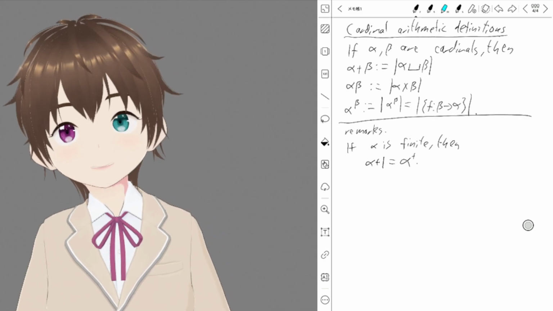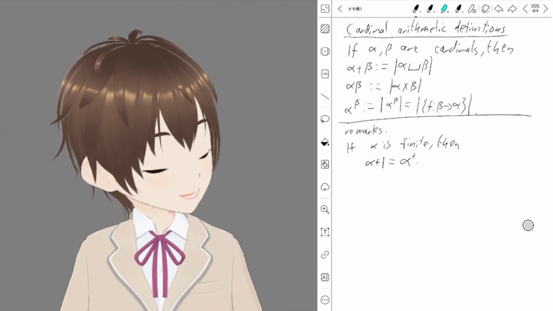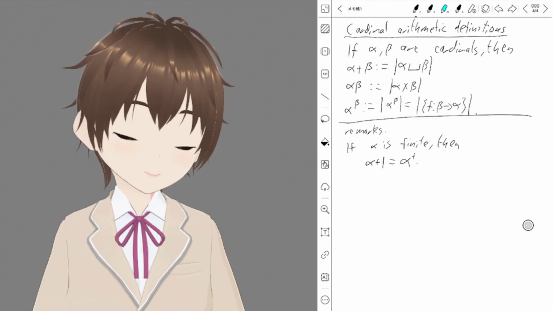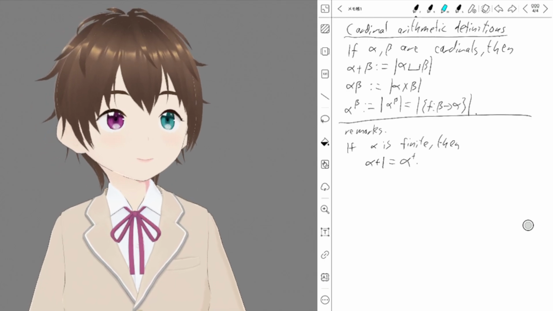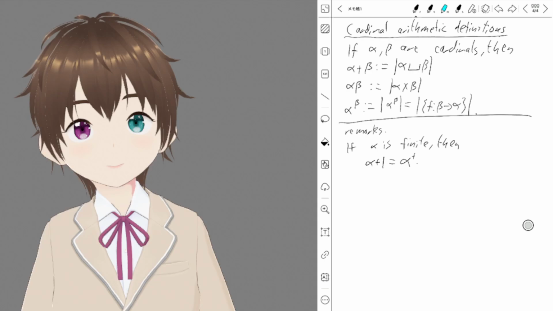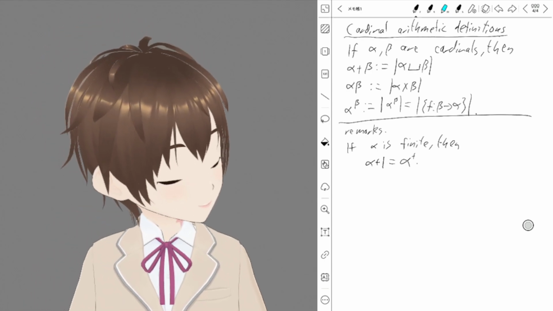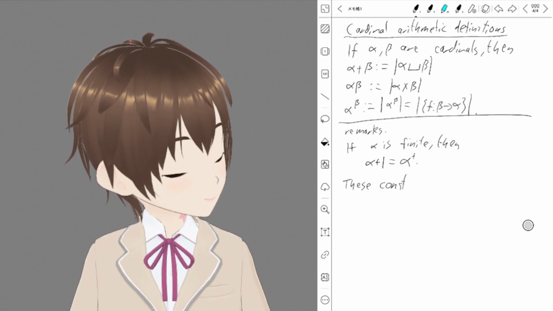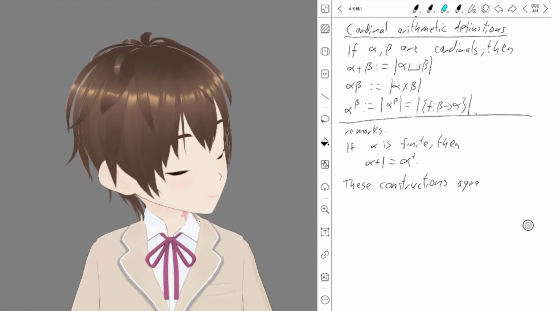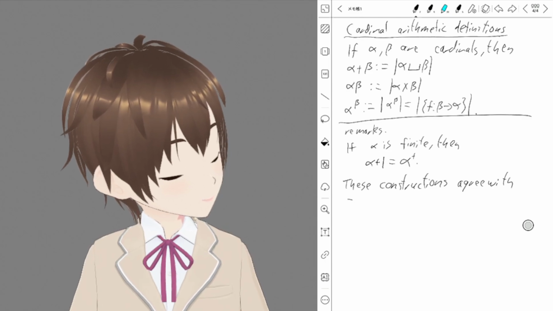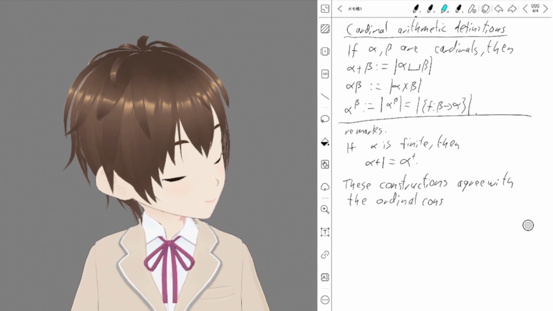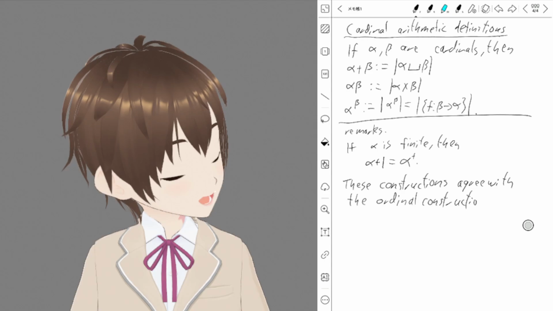And this agrees with the usual ordinal thing. And in addition, the cardinality of the sum of two ordinals is the sum of the cardinalities, and this is also true with products. So these constructions agree with the ordinal constructions, at least in terms of cardinality.